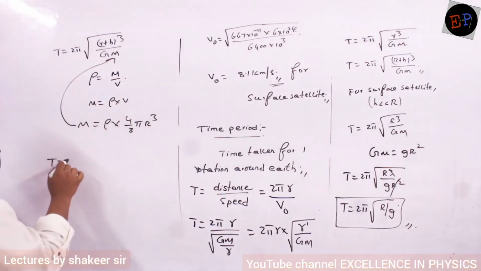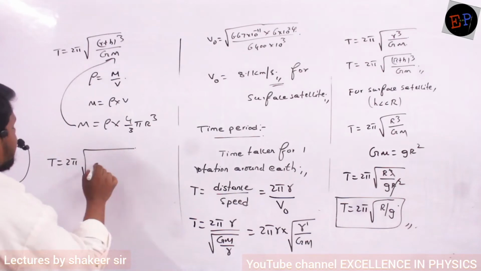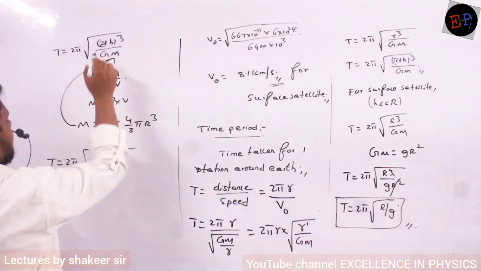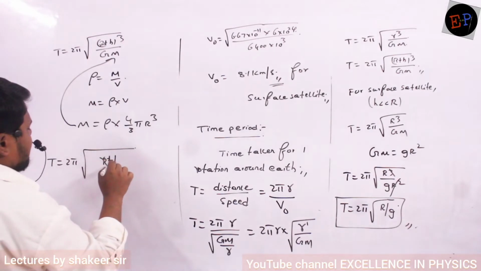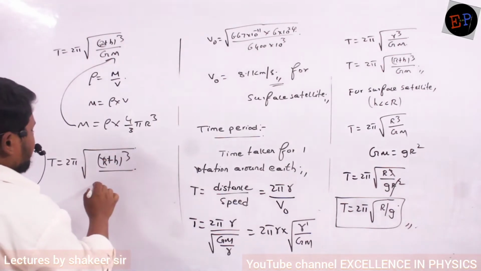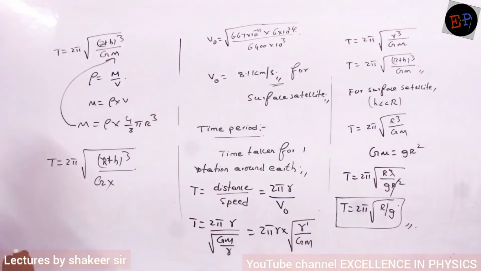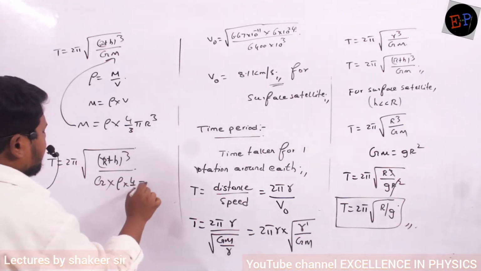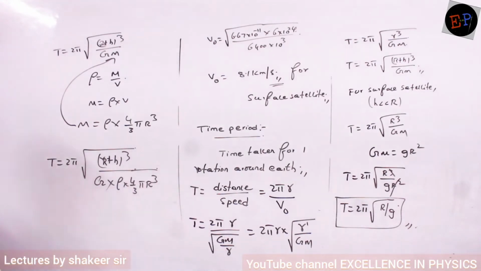Therefore T is equal to 2 pi into square root of (capital R plus h) whole cube divided by g into m. Instead of m, I can write rho into 4 by 3 pi capital R cube.